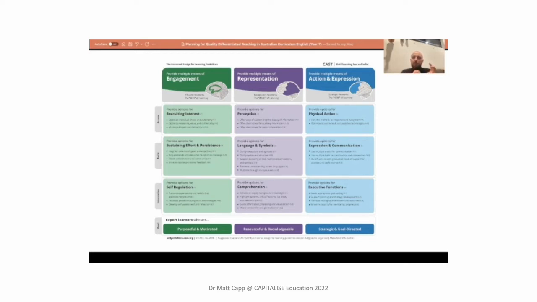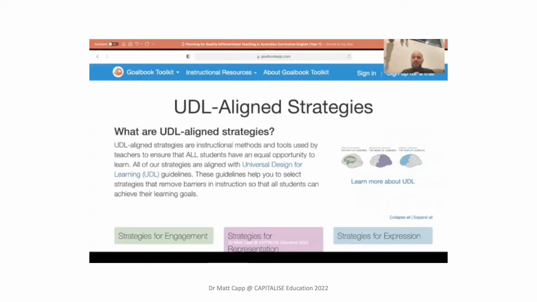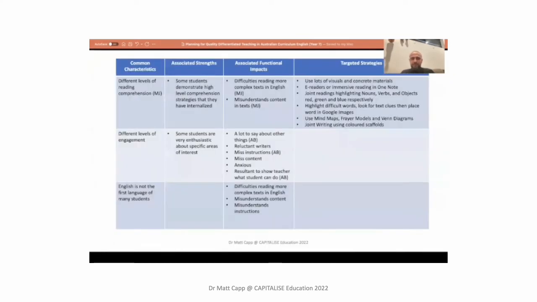If you're like many teachers who find this a bit cumbersome, there's a great website called the UDL Goalbook Toolkit that gives you thousands of strategies that are tied to the UDL framework. You could look through some of those strategies, and there are probably a lot that you've tried before, and take those and connect them to your students' strengths and functional impacts. So let's look at how we do that now.